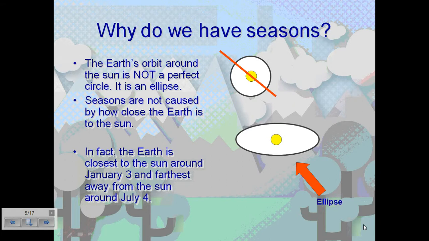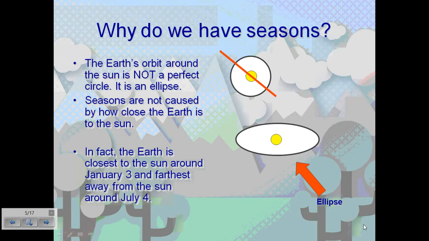Again, to reiterate, or reinforce, the concept that the seasons are not affected by distance, I want to talk to you about the orbit of the Earth around the sun. Now, the Earth's orbit around the sun is not a perfect circle. It is, in fact, an ellipse.